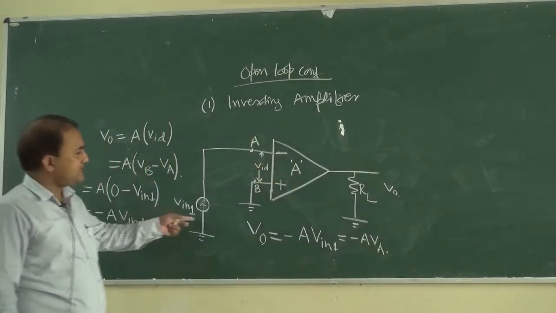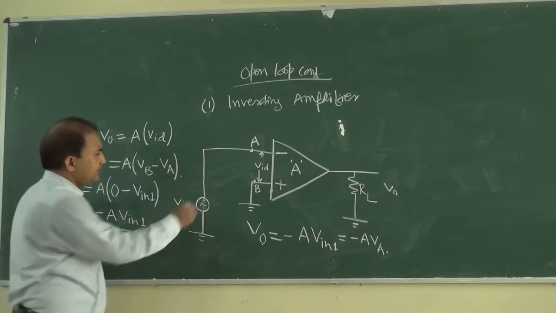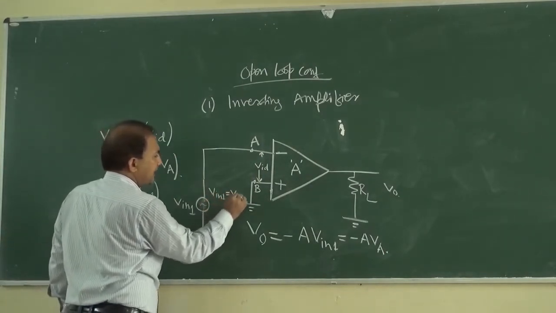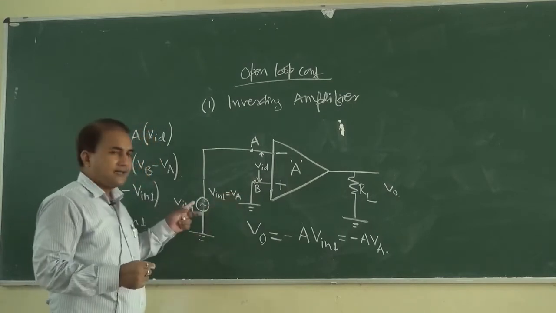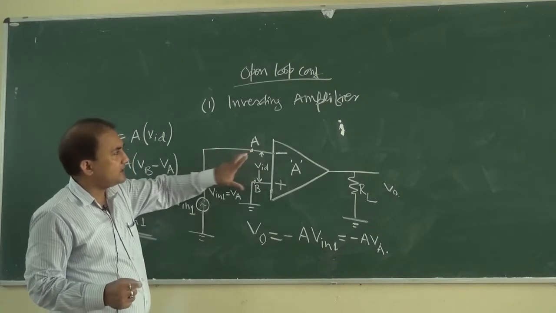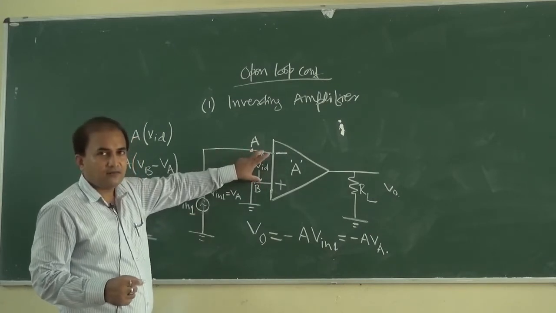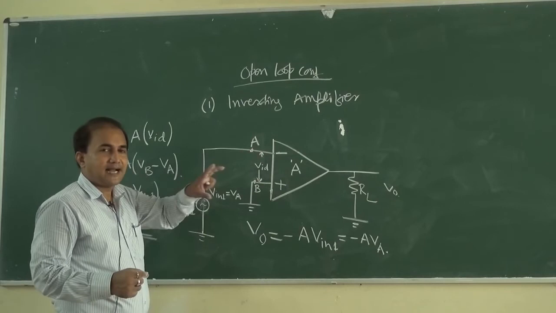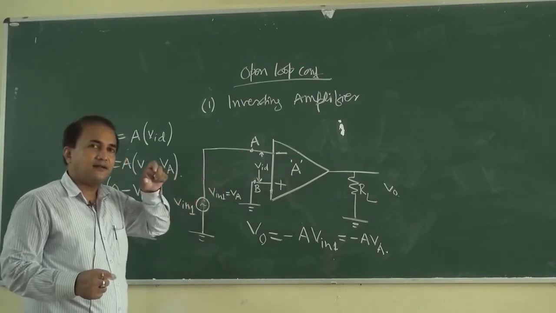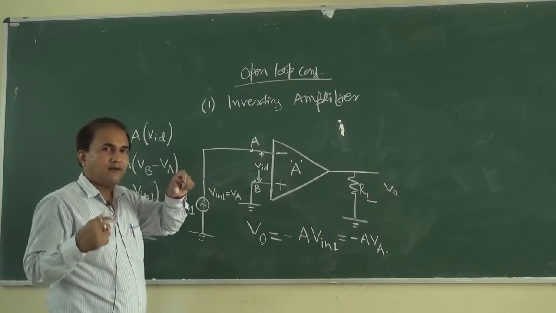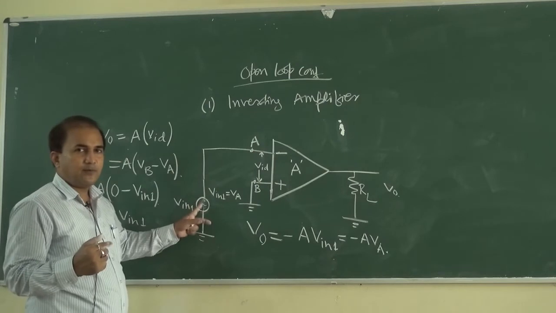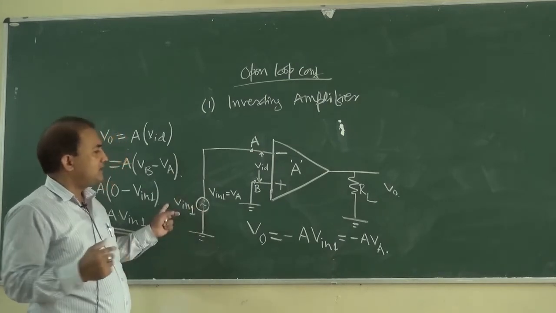Why is it equal to V in 1? V in 1 is equal to VA if the resistance of this voltage source is very small compared to the input resistance of the operational amplifier. In the ideal case the input resistance of the operational amplifier is infinite, and practically it is very high, so we can neglect the internal resistance of this voltage source.